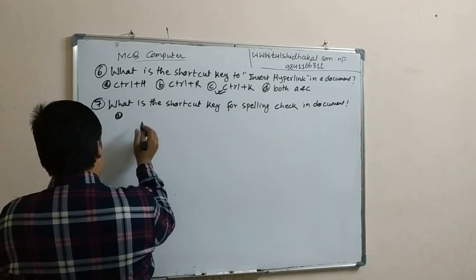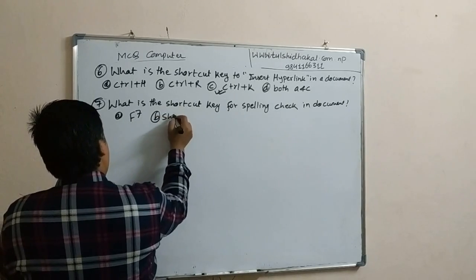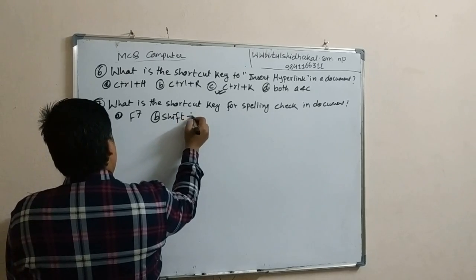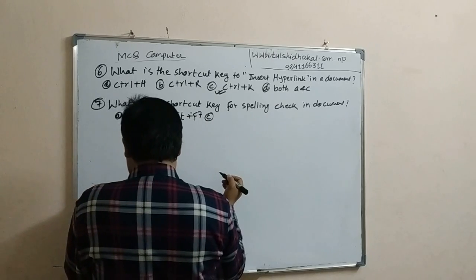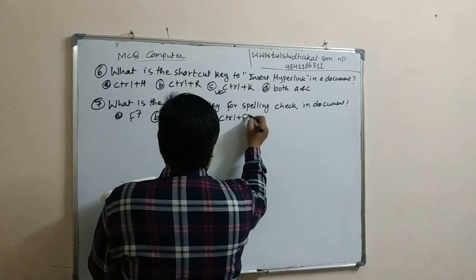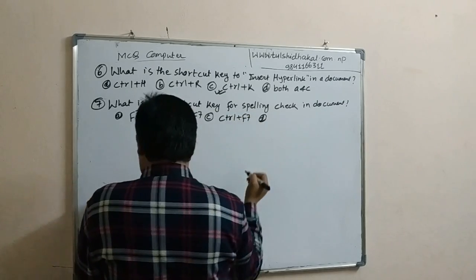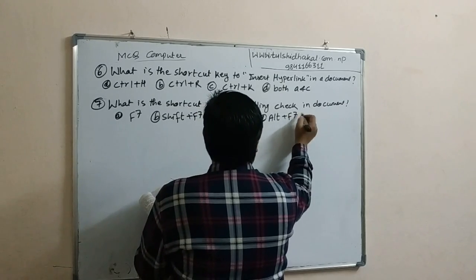Option number A, F7. Option number B, Shift plus F7. Option number C, Control plus F7. And option number D, Alt plus F7.